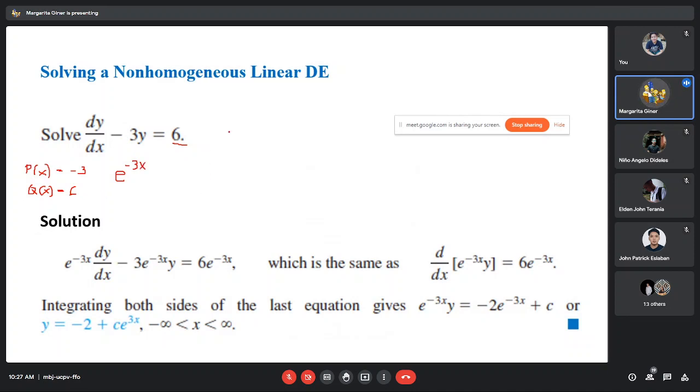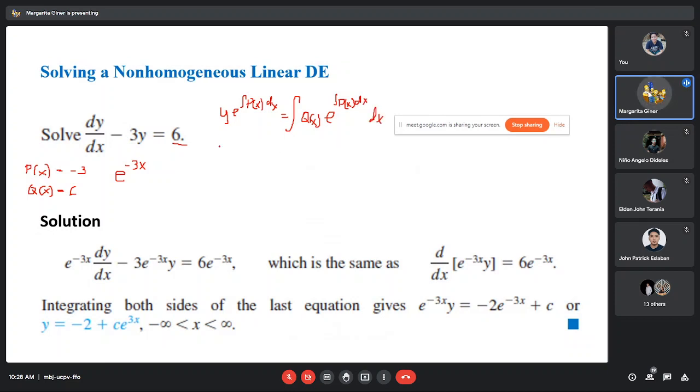Okay, now we proceed with the final formula. So again, your formula will be y e raised to the antiderivative of p of x, dx, is equal to the antiderivative of q of x times e raised to the antiderivative of p of x, dx.